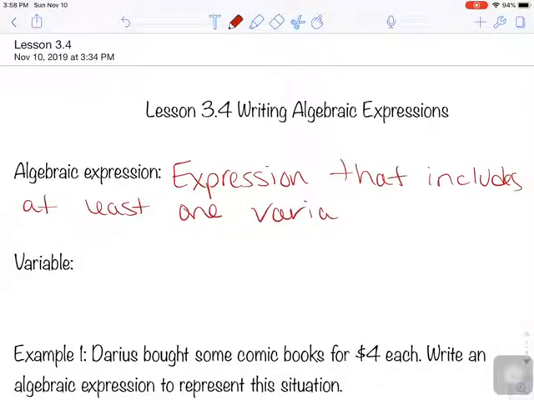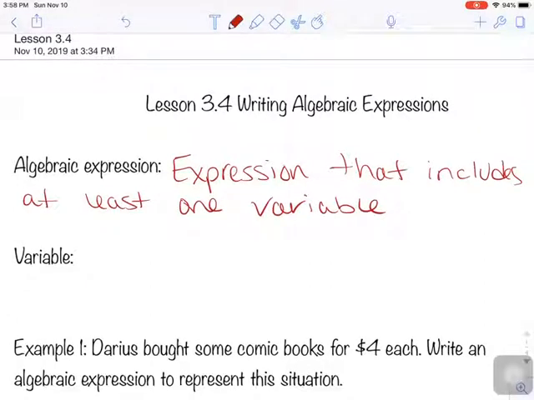You guys can write these definitions down in your notes as well. That would be very helpful for you guys to flip back to check if you ever forget what these definitions are. So an algebraic expression is just an expression that includes at least one variable. And a variable is a letter that represents an unknown.